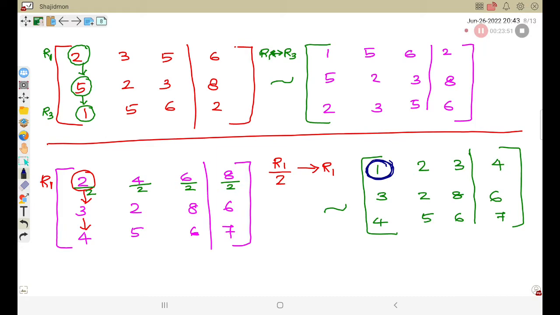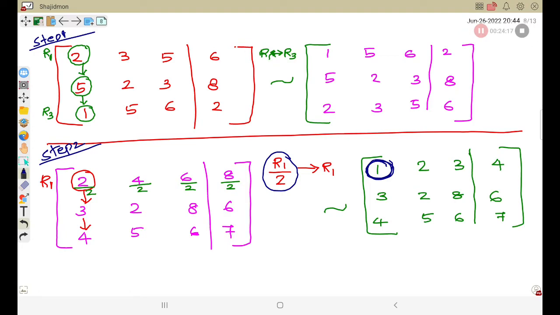If it is 1, no problem. Otherwise, go to this one. This is step 1: if any number coming down in the same column is 1, you can interchange. If not, go to step 2: divide by the same number, that is, the complete first row divided by the first number, that is 2, which gives the new first row R1.